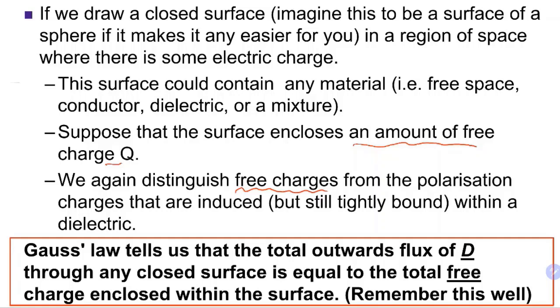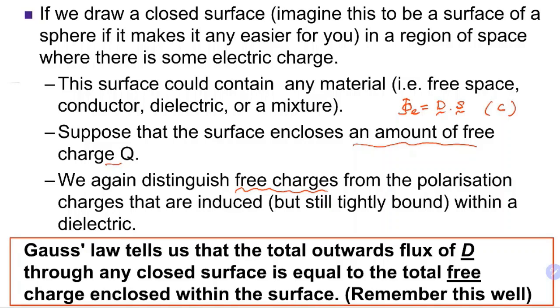Okay, so what does Gauss's law tell us? Gauss's law tells us that the total outward flux D through any closed surface is equal to the total free charge enclosed within that surface. So remember just now I asked you about the units. Phi is equal to D dot S, and we know that this has units of coulombs, so it has to be equal to some form of charge.